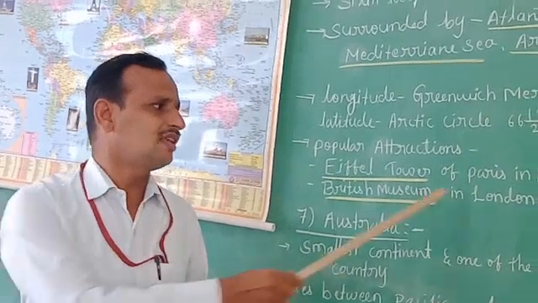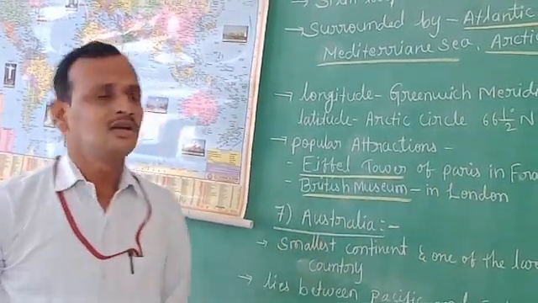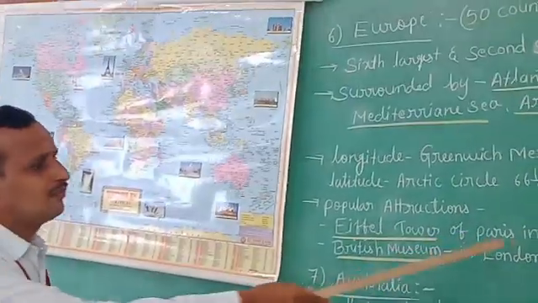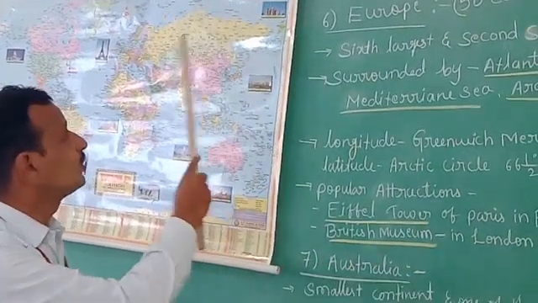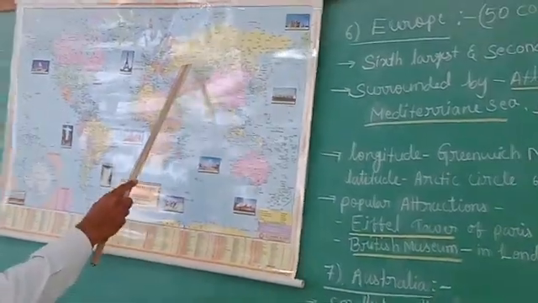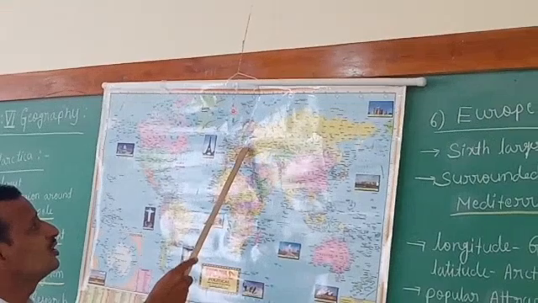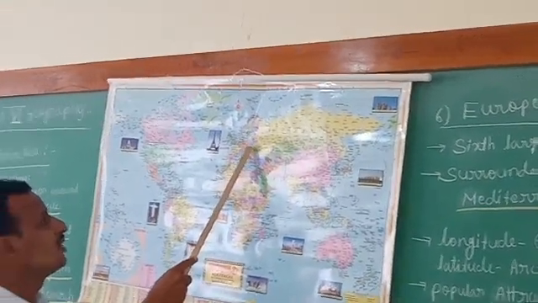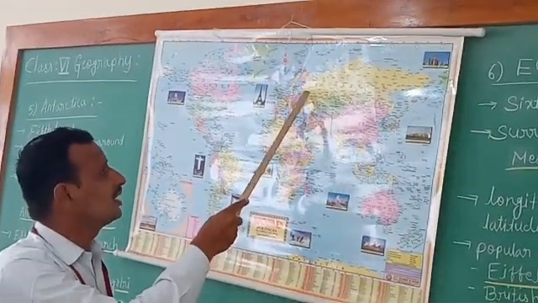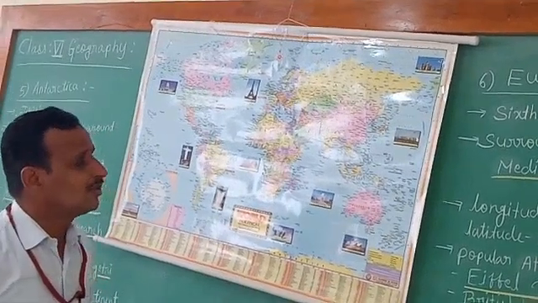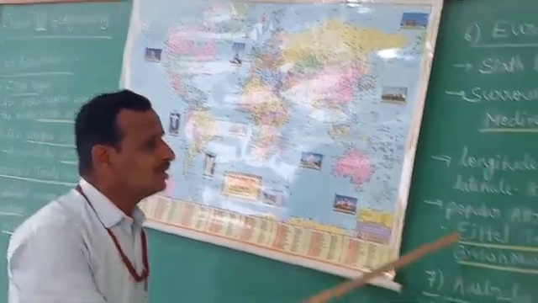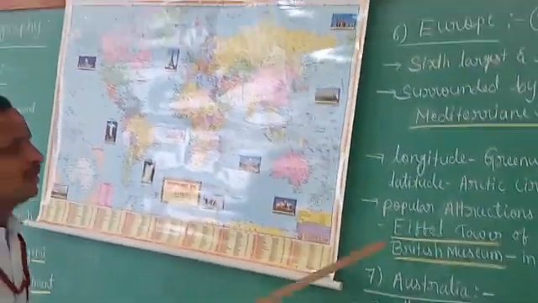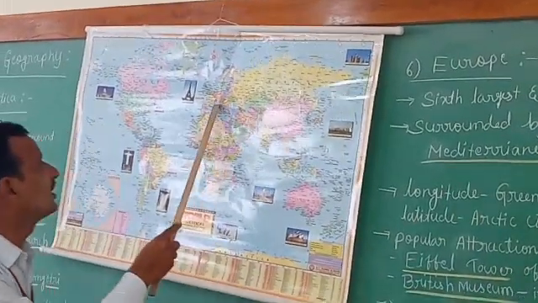The Eiffel Tower of Paris in France. France is a country of Europe. There are many countries in the Europe continent: Germany, France, Poland, Finland, Norway. Many are very famous countries, and here is the Eiffel Tower of Paris in France.